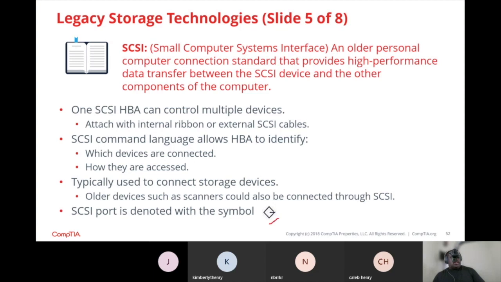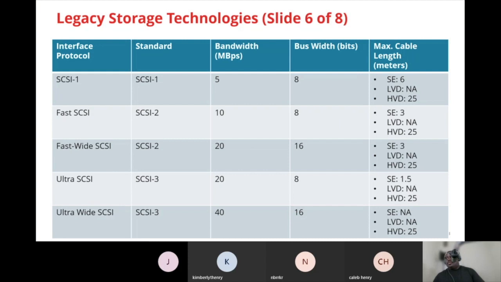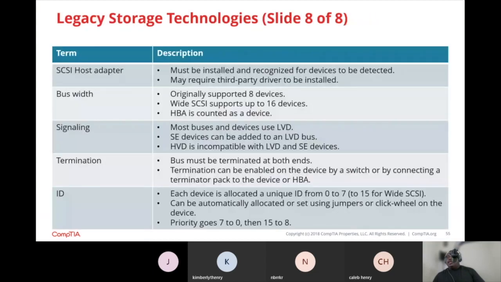That's what the SCSI symbol looked like. The SCSI command language allows the HBA to identify which devices are connected and how they'll be accessed. But this is a real old technology. It's not really used that much anymore. And you can probably see why.